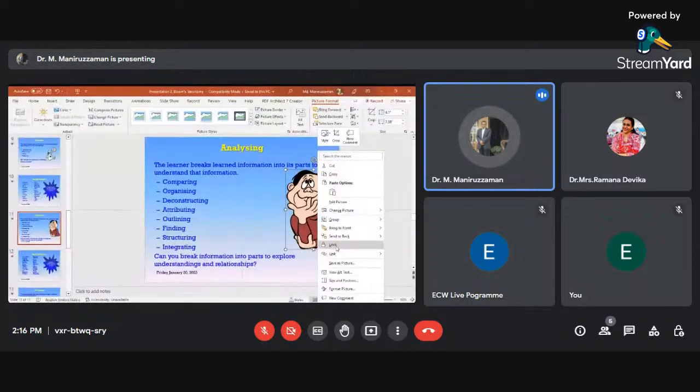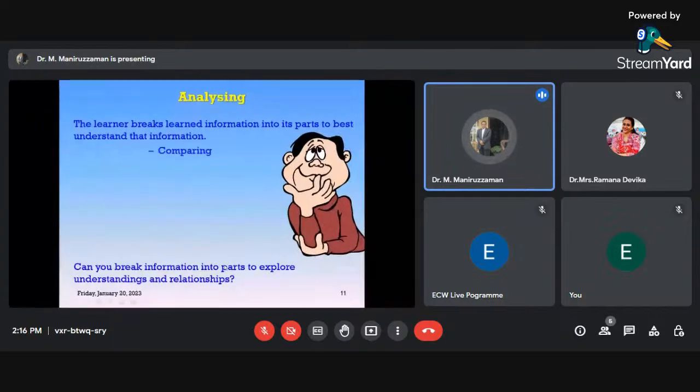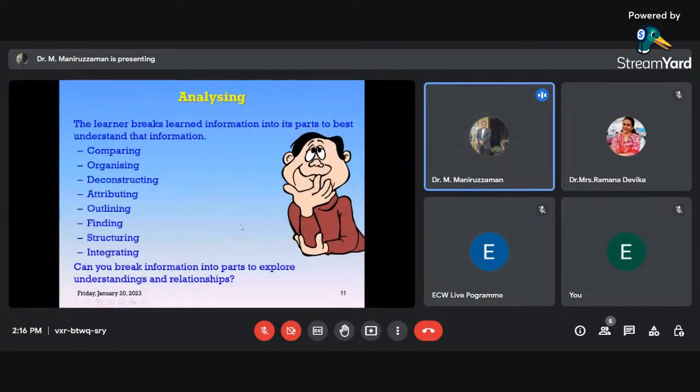Do you see the slides clearly? And it has a list of words. This is a list of action verbs used for expressing analyzing.